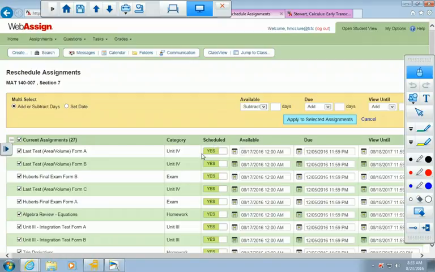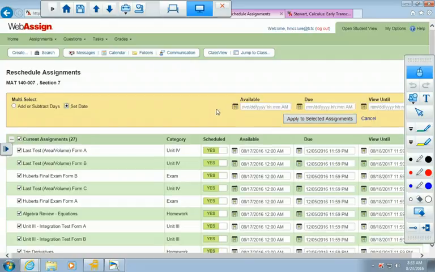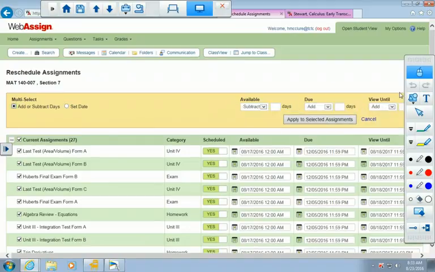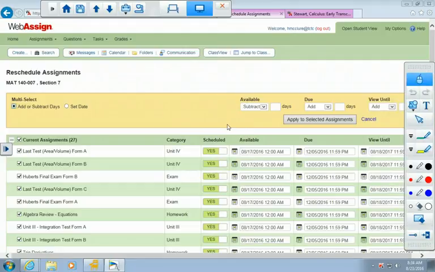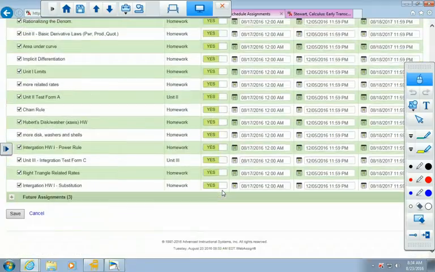To me, that's kind of ridiculous. I'm trying to figure out how to take this off. It's not going to let me. I love WebAssign. I think it's the greatest thing in the world. So I got to hit every single one of them. Take them off. That way you won't be confused.